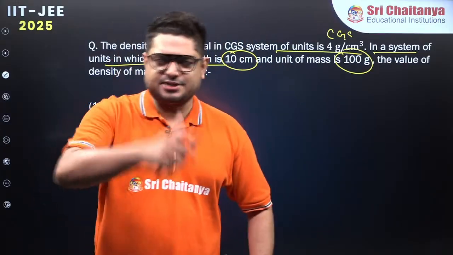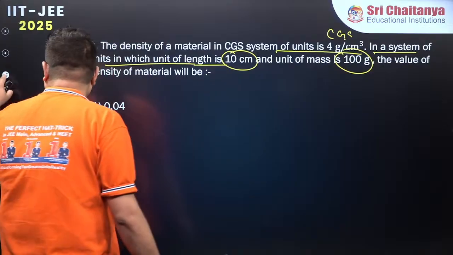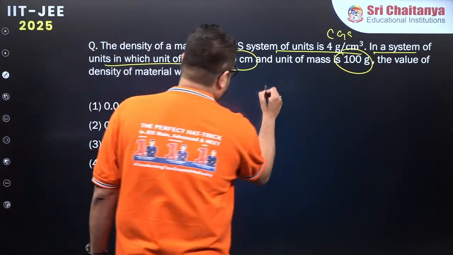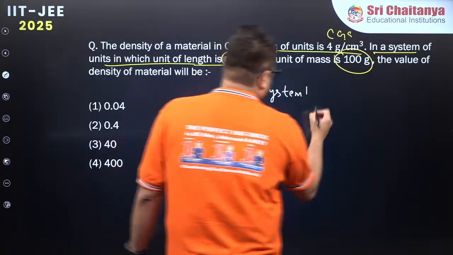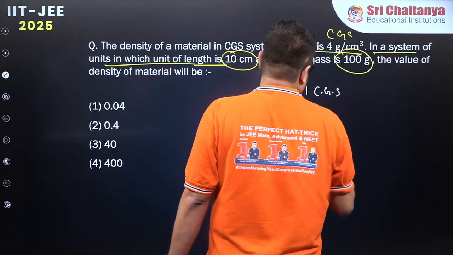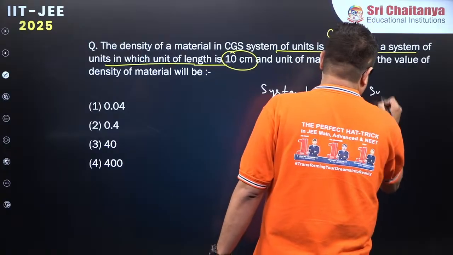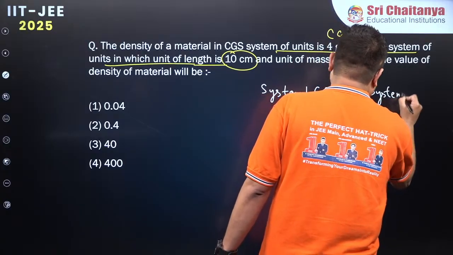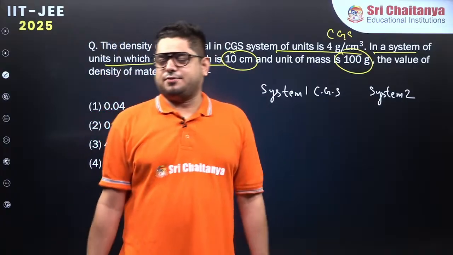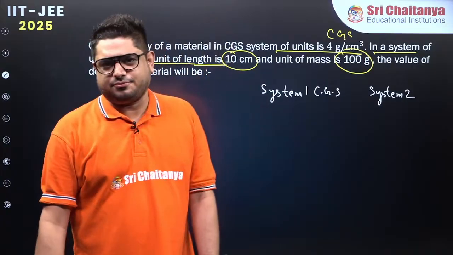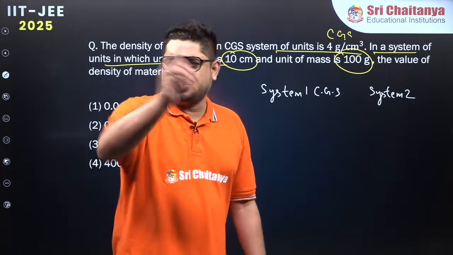If yes, let's get started with this question. There are two systems over here. System 1 is the CGS, and system 2 is an arbitrary unit. So first of all, we need to write down the values of N1, U1, N2, U2 accordingly.